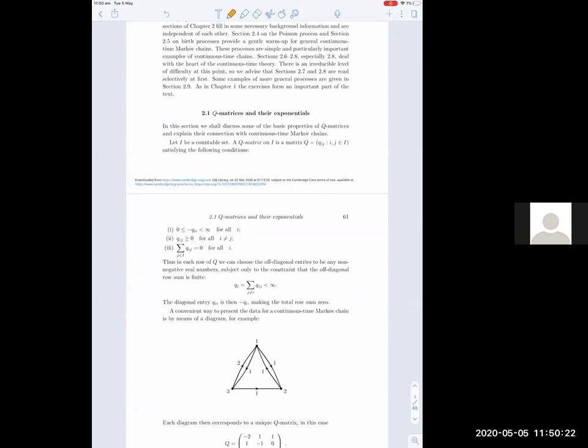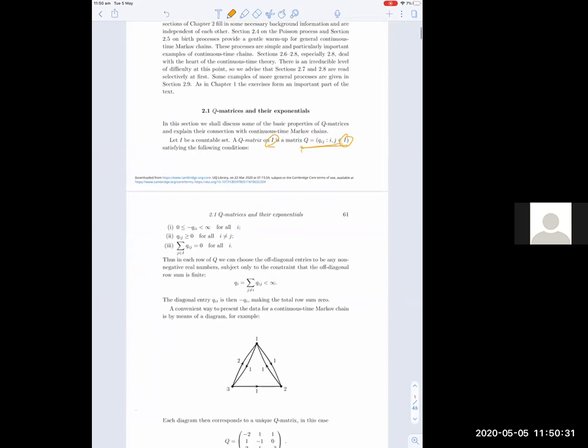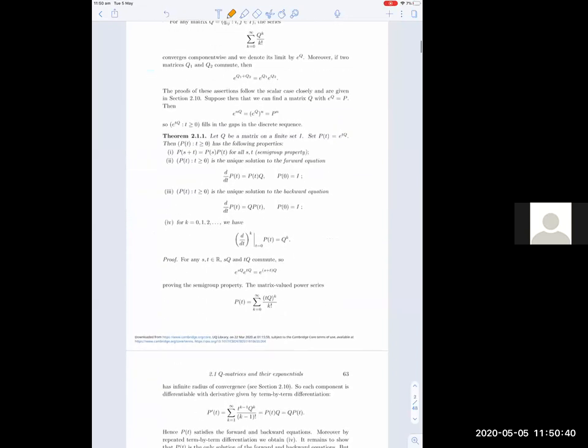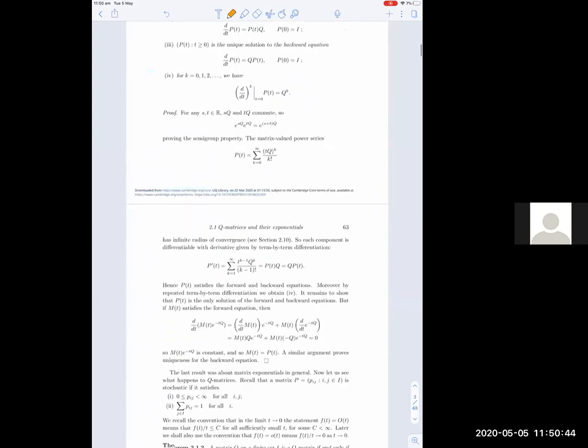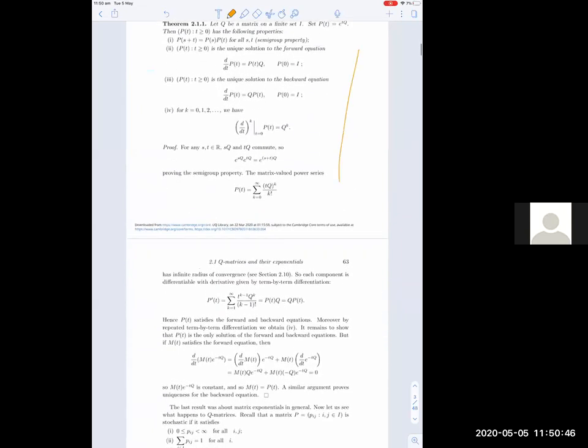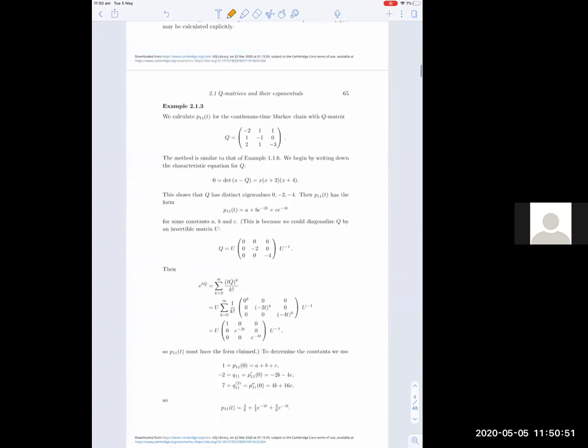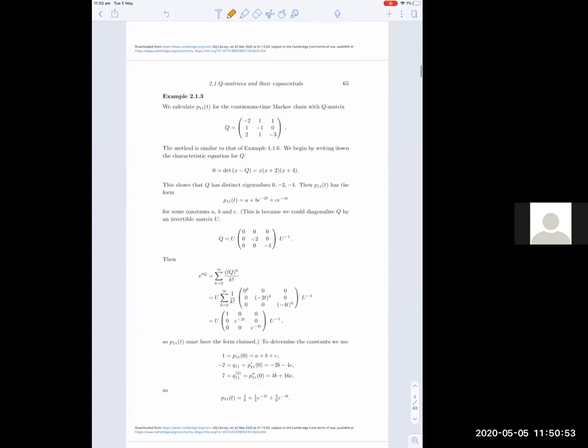Remember that you can always think of the set I, the state space, as just a finite set, say the numbers 1 to n, and then you think of this as a matrix, but more generally it's a collection of numbers, because I can be a countably infinite set. So here you deal with generator matrices and properties of general matrices, etc. So have a read of that. That's in the self-study guide, and it's specifically important to do.